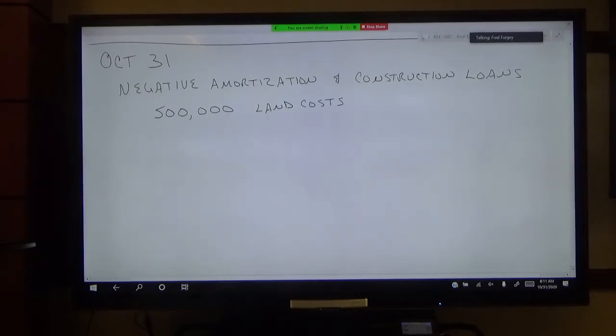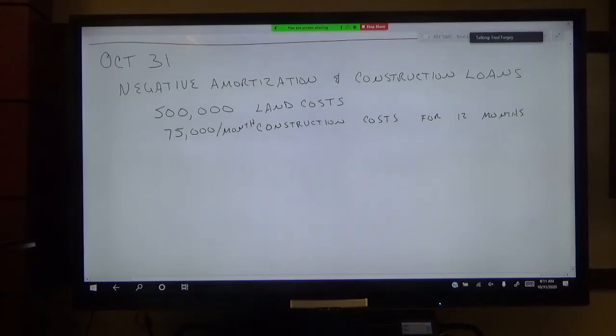And let's say that in addition to the land cost, we're going to have construction cost of, let's say, $75,000 a month for 12 months.